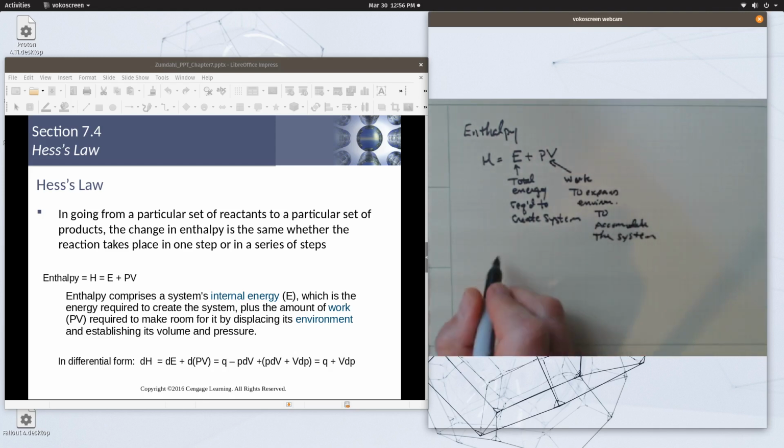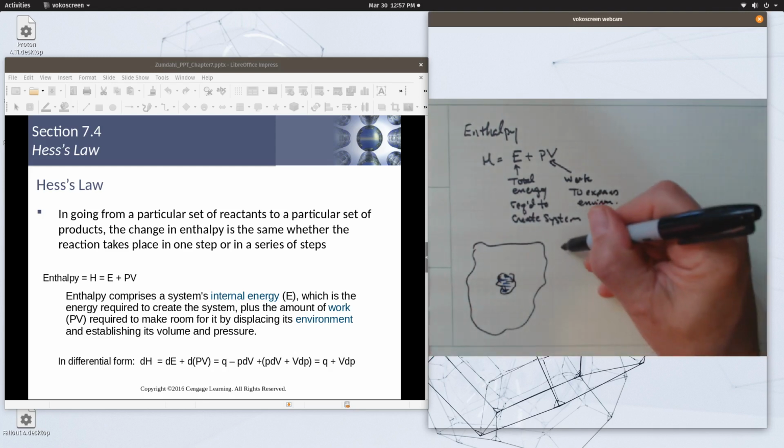So in other words, it's like if I have this tank of water over here and I create a little cavity inside of it, I had to push stuff out of the way to create my thermodynamic system, which I'll denote as this little blue blob here. Here's my thermodynamic system. Now that is a total amount of energy, and I had to push the environment out of the way to create that.